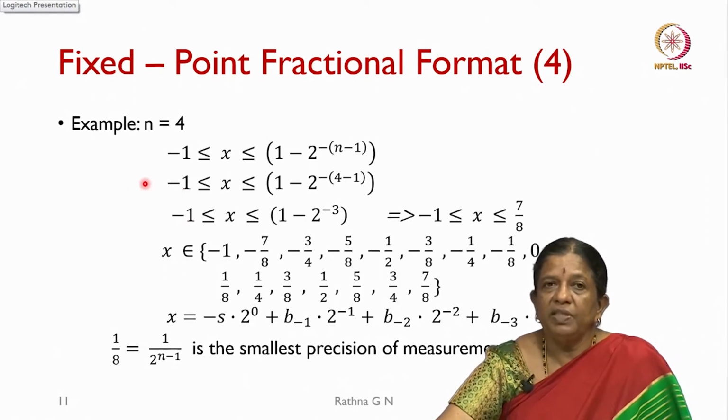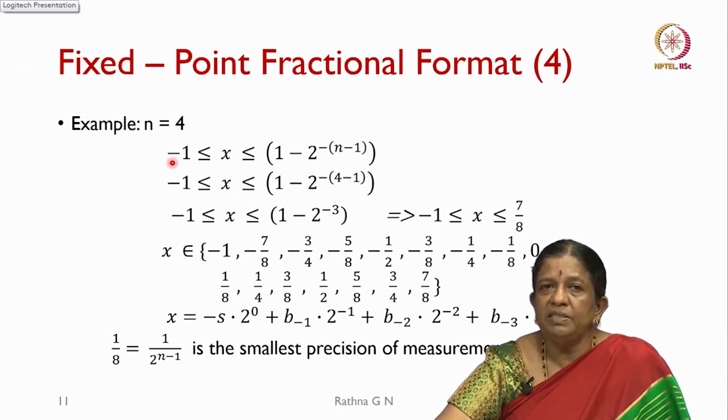Coming to the example, we will see n equal to 4, and what numbers I can represent in the fractional format. Which is minus 1 less than or equal to x less than or equal to 1 minus 2 power minus n minus 1. We are substituting n equal to 4 here, which comes out as minus 1 to 1 minus 2 power minus 3, which is nothing but x should be less than or equal to 7 by 8.